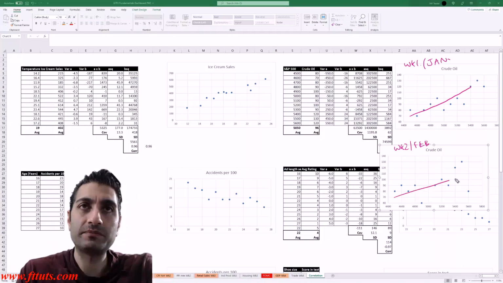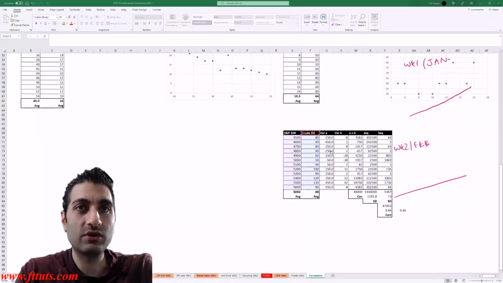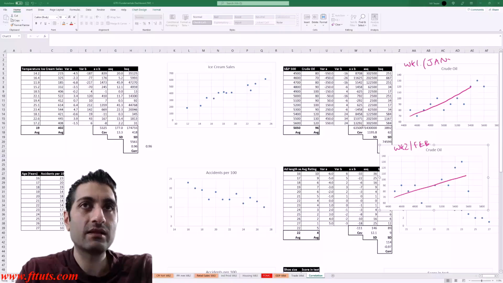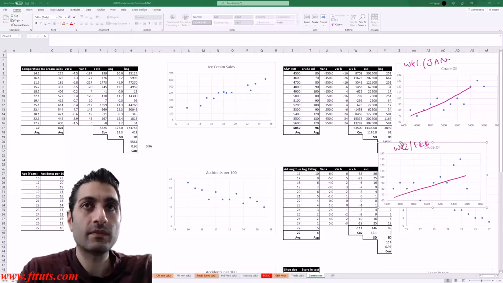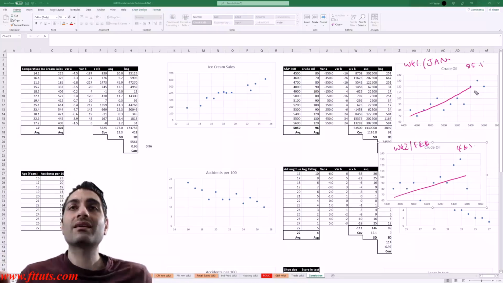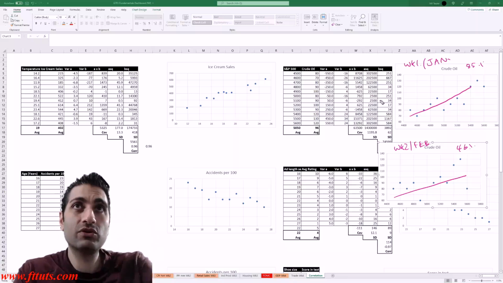This relationship, my memory is terrible today, forgotten. 46%. And this was 85. 46 and 85. So straight away, I don't need to do the scatter plot. I don't need to do anything. I can just tell from one number straight away.